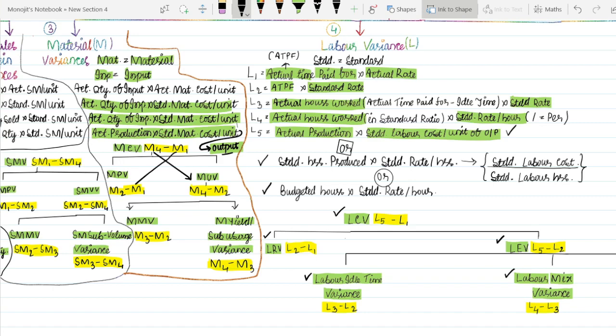This is the trick to remember the formula. In the material price variance you have to deduct M1 from M2, and in the second formula, material usage variance, you have to deduct M2. So in both the formulas you have to write M2.